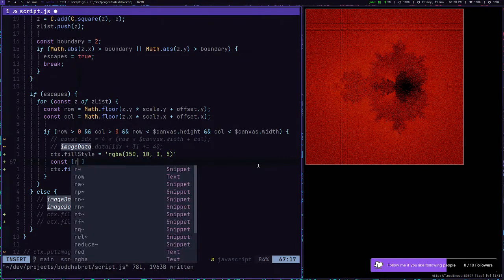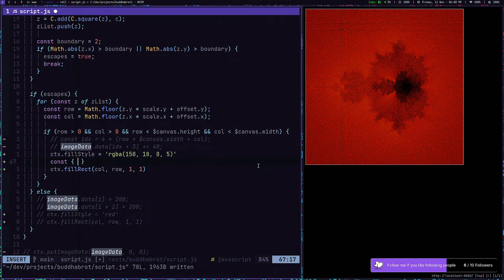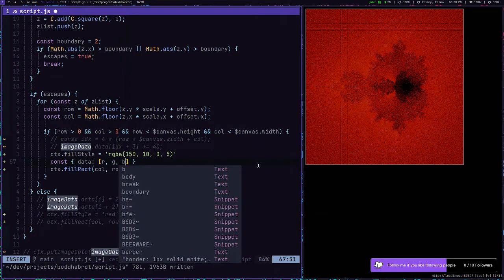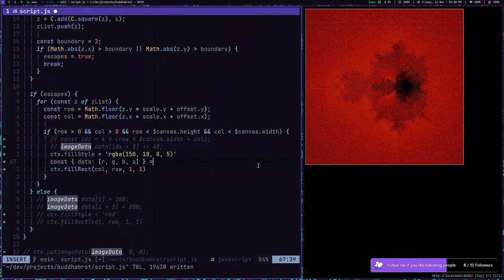Let's do our data. Data would be RGBA. Actually, we don't need RGB, we just need alpha.